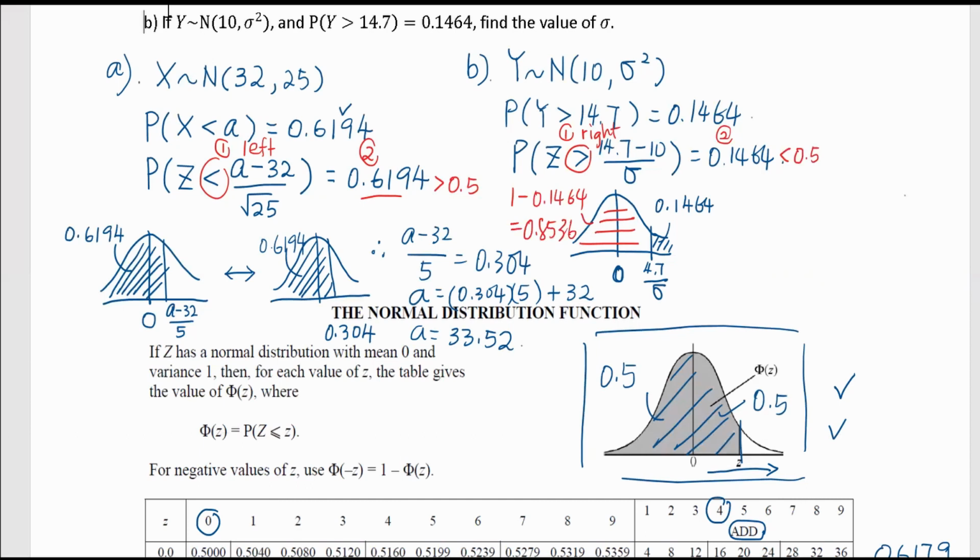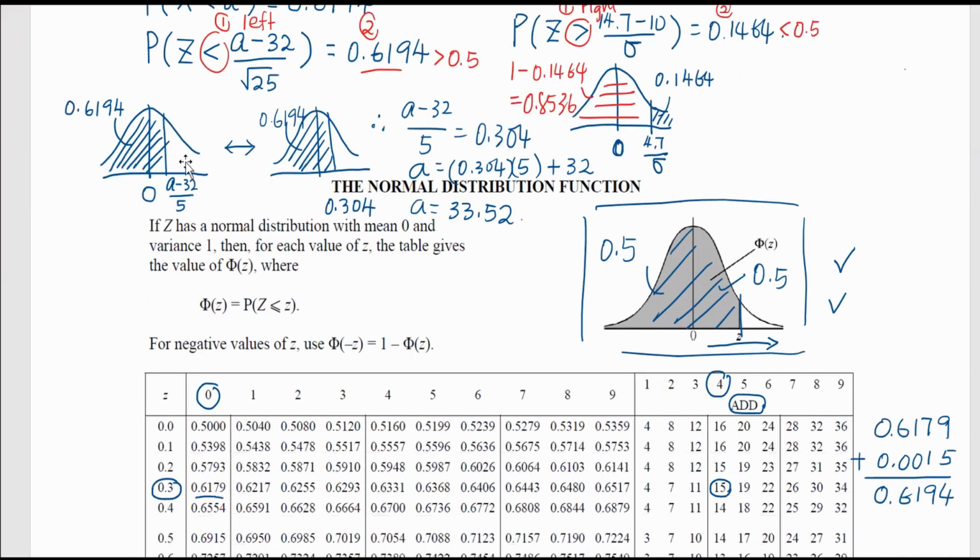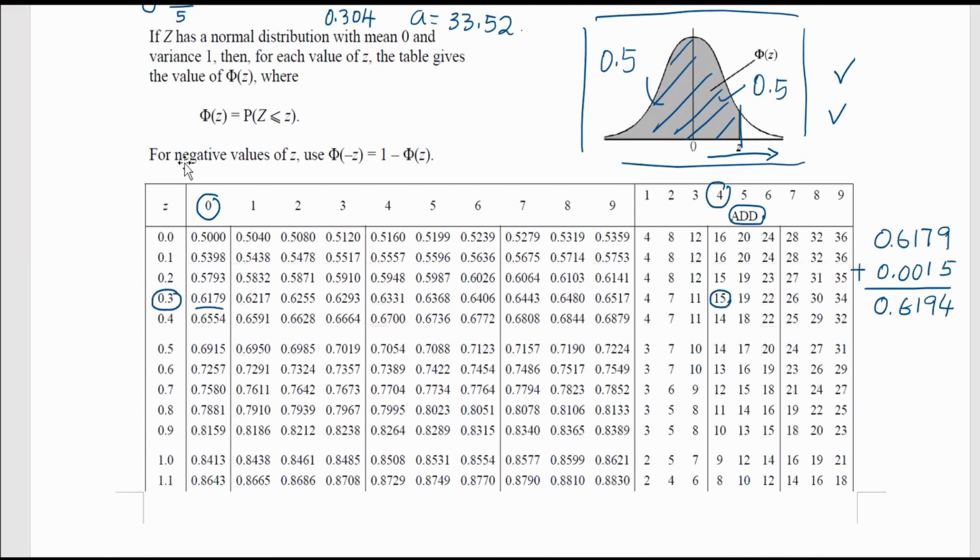Okay, now we get to read from the table in reverse. So look for the 0.8536. And most likely you are not getting 8536, right? We only managed to get 8531. So in order to become 8536, we need to add another 5.